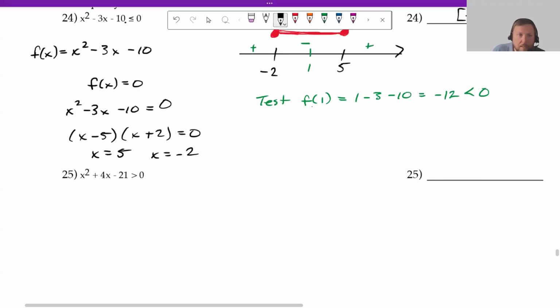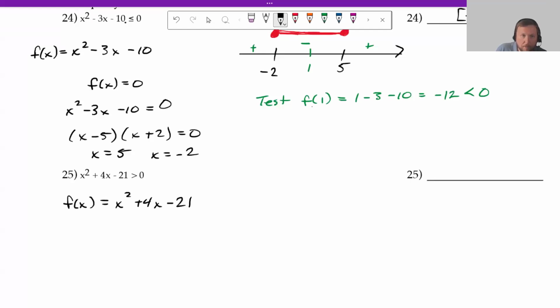Okay, the next one. I have x squared plus 4x minus 21 is greater than 0. So you can think of f of x as x squared plus 4x minus 21. We want to set that equal to 0 and solve for x. So that looks like x plus 7 times x minus 3.